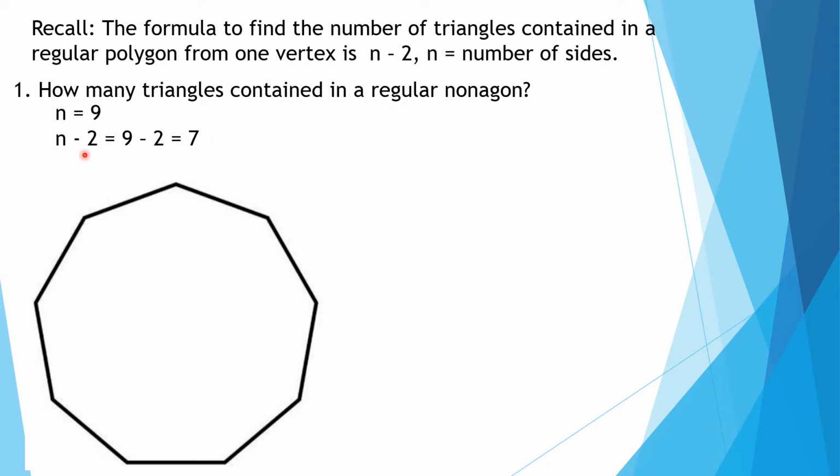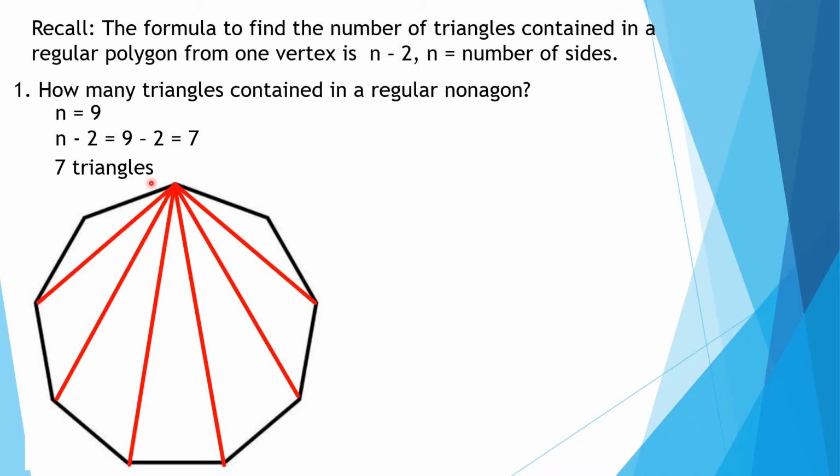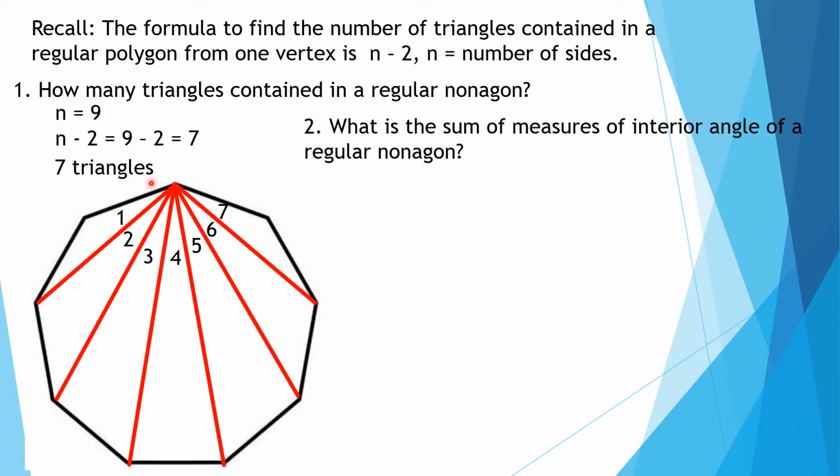N minus 2 is equal to 9 minus 2, which is 7. Therefore, there are 7 triangles contained in a regular nonagon. We have 1, 2, 3, 4, 5, 6, 7 triangles.